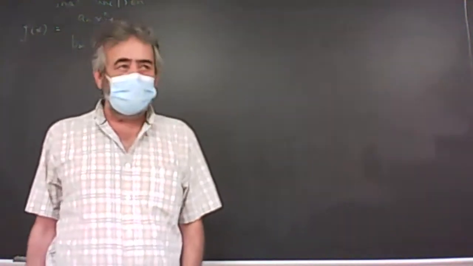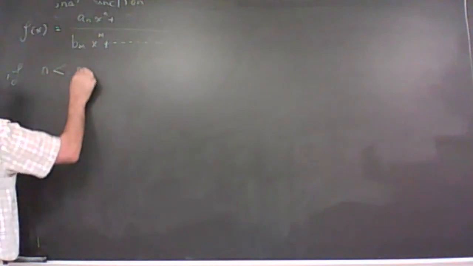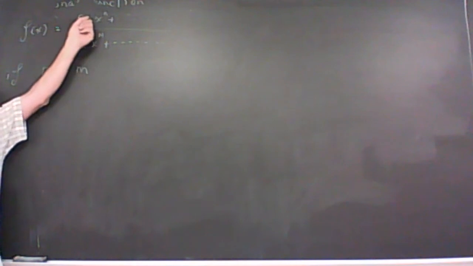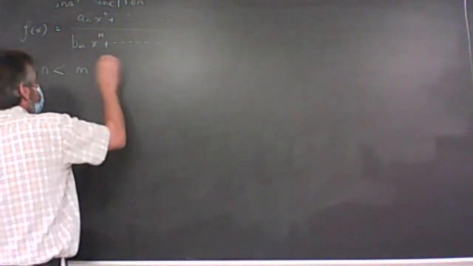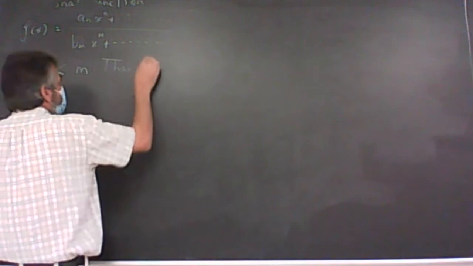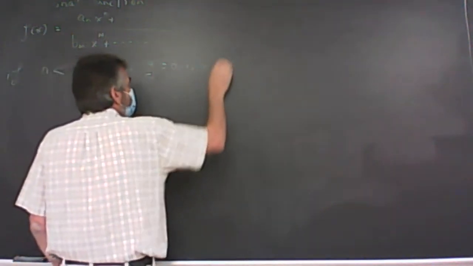Scenario number one, if n is smaller than m, that means the exponent on top is less than the exponent on the bottom, then y equals 0 is a horizontal asymptote.